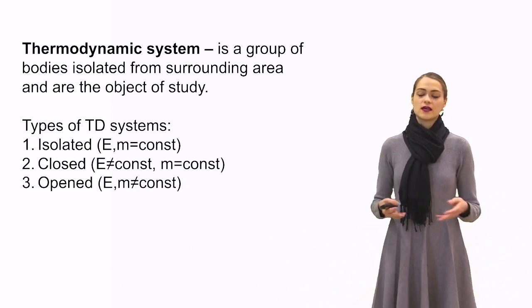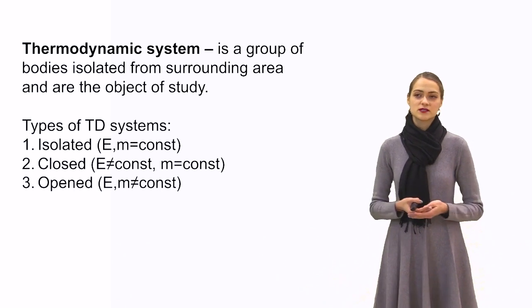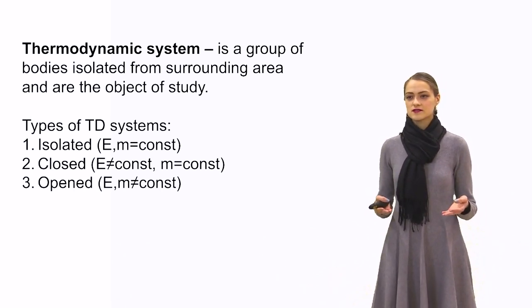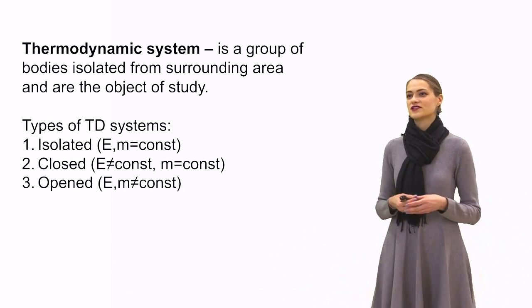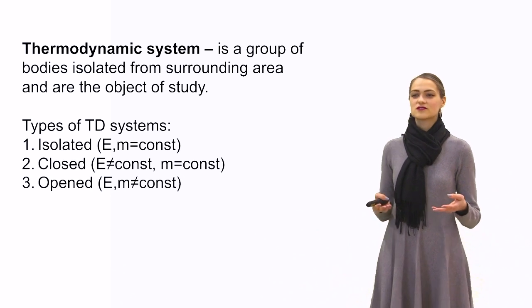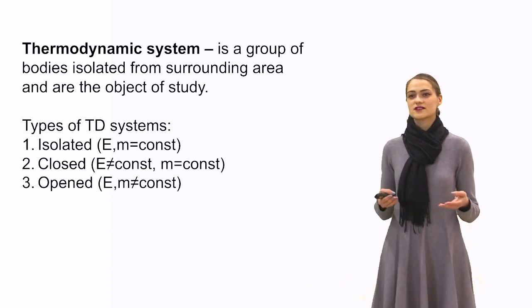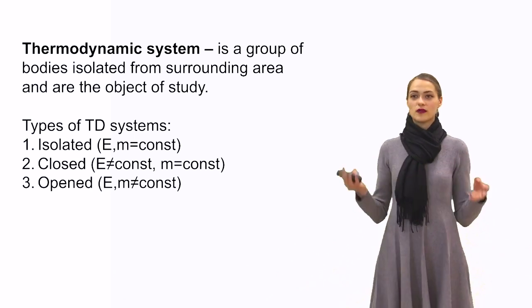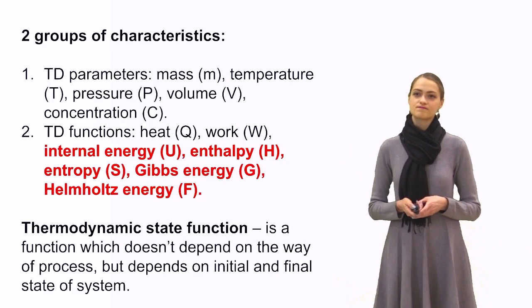And of course, the third type of thermodynamic system is the open system. It means that the mass and energy of the system are not constant, so we have exchange of both energy and mass with the surrounding area.